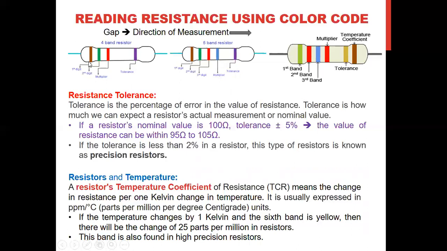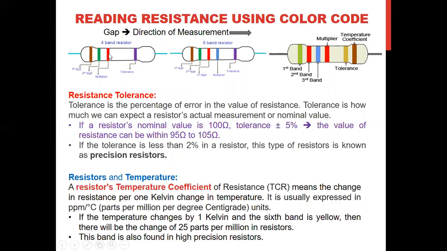Now, how do we know, for a real resistor, whether to start reading the value from this side or from this side, meaning from left or right? The rule is that the direction of measurement is determined using the gap. The first 3 bands will be very close to each other, meaning they are the value of the resistance.